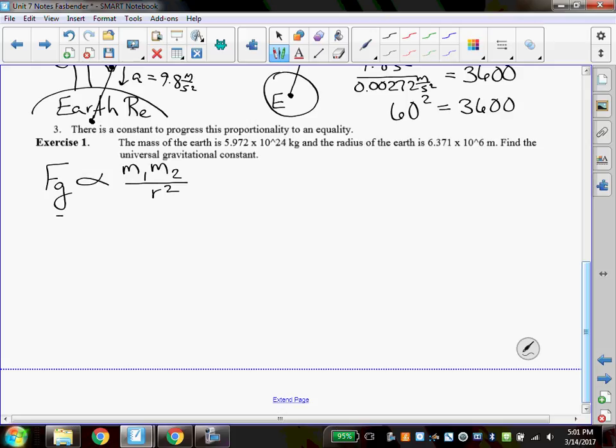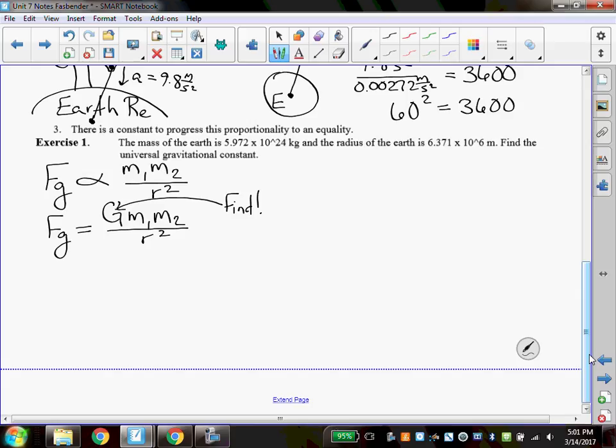To progress that into an equality, so I get to write an equal sign here instead of that lovely alpha, we need to have some kind of constant, which we're going to use the big G to represent, times m1 times m2 over r squared. And this is going to be our job to find this constant.